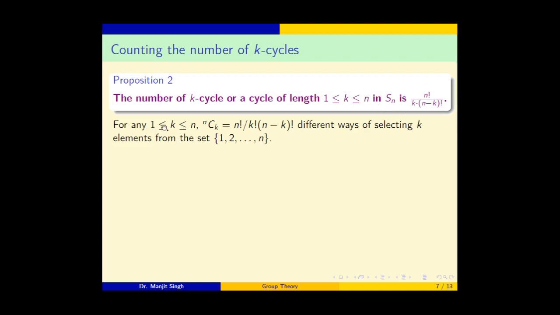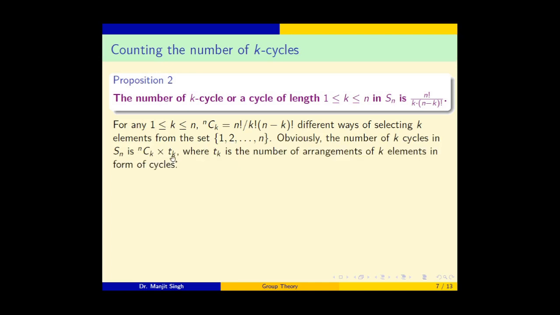For any k, nCk, you know, denotes the different ways of selecting k elements from n elements. Obviously, the number of k-cycles in Sn is nCk times tk, where tk is the number of arrangements of k elements in the form of a cycle.